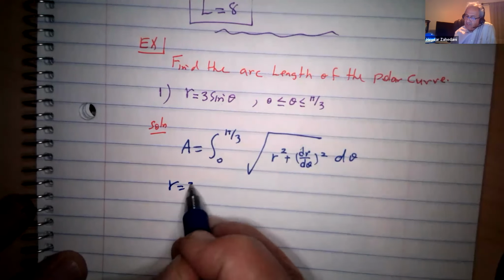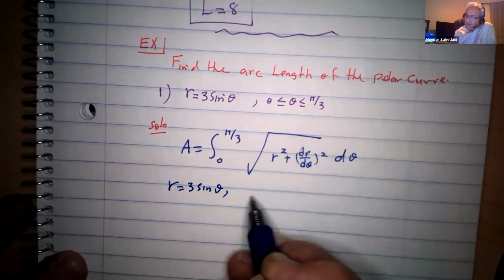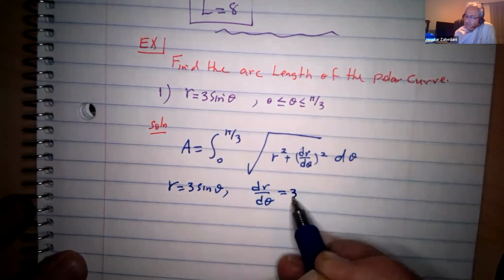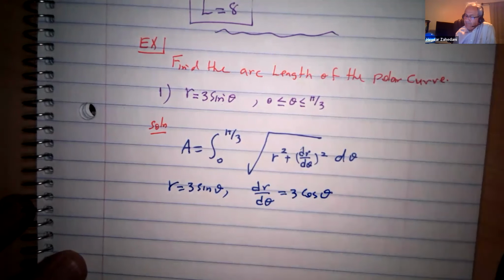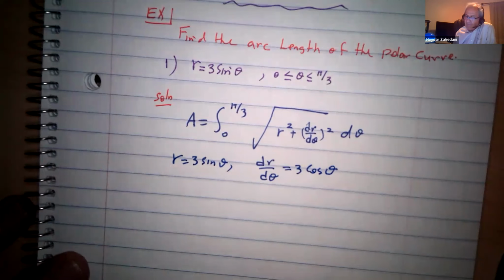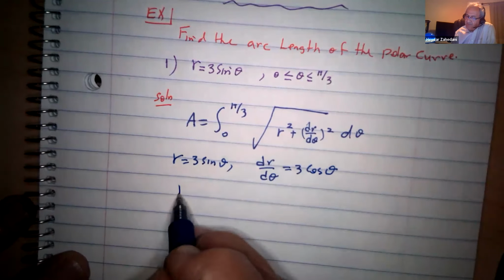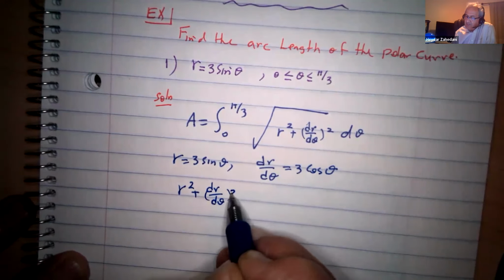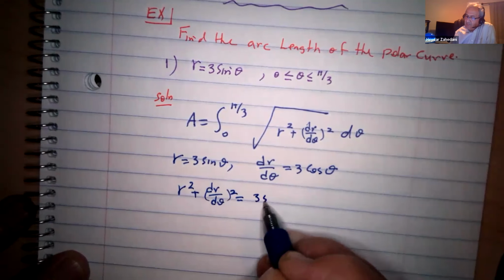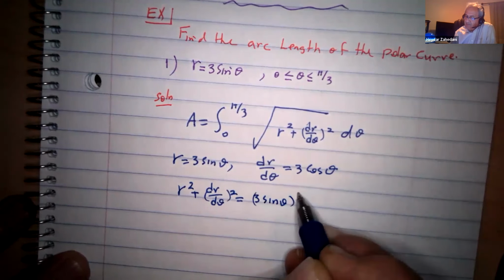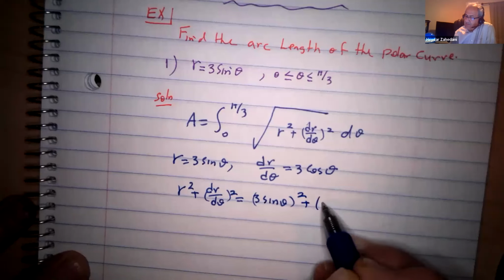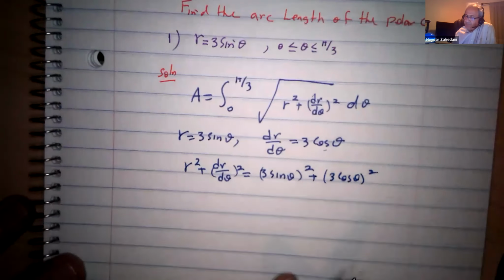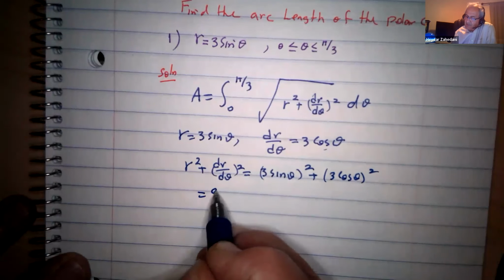Your r is 3 sine of theta, so you differentiate with respect to theta. The derivative of 3 sine is 3 cosine. So from this one, simplify first r squared plus dr d theta all squared. r squared means 3 sine of theta all squared, plus 3 cosine of theta all squared. So that gives you 9 sine squared.